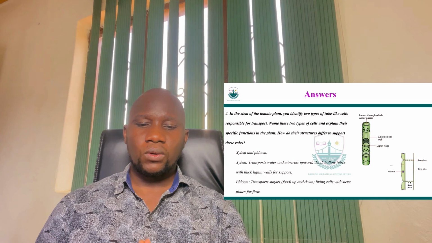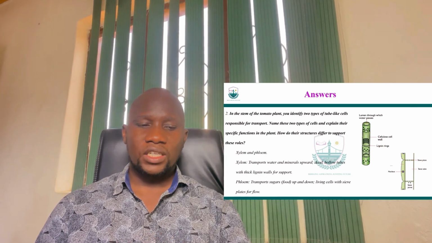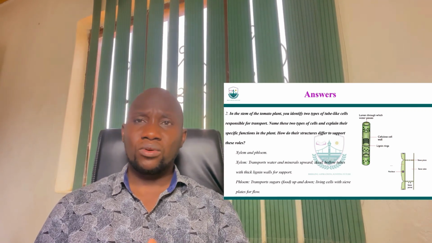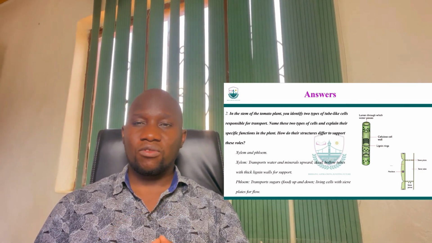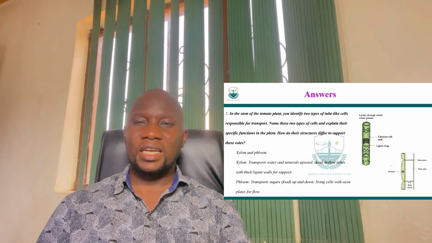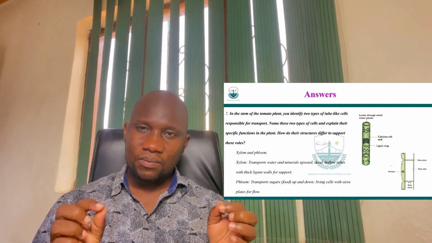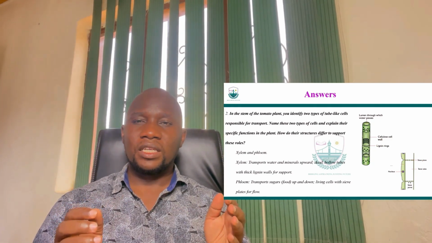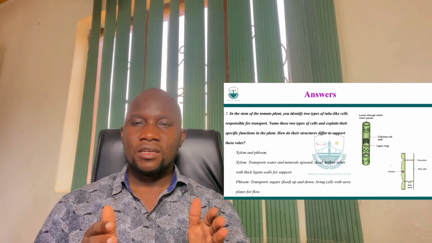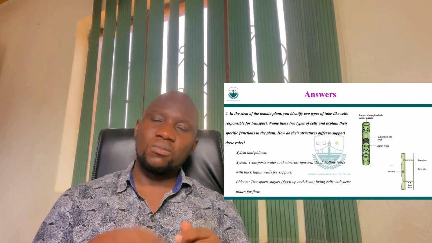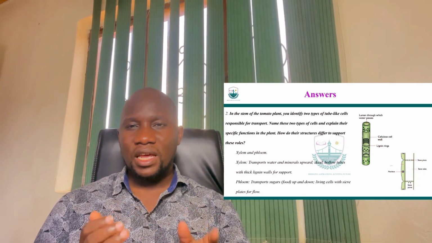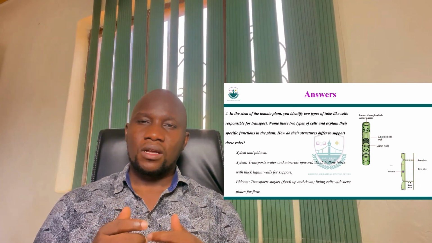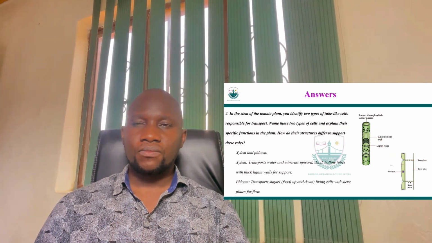So the other question was, how do their structures differ to support their roles? For example, for the xylem, they are elongated and they don't have end points. That means the tube is continuous, and they're also narrow. The fact that they are narrow means there is strong capillary action.